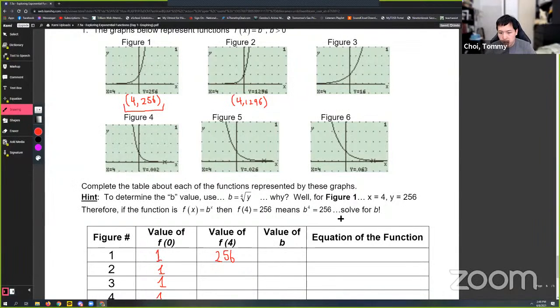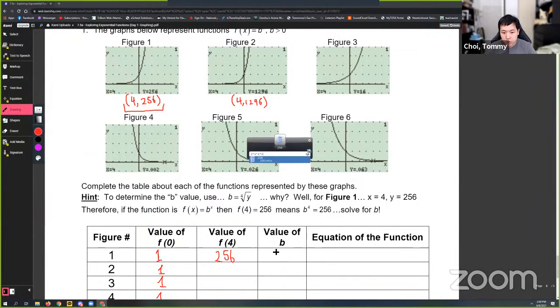Essentially, you have to say b times b times b times b is equal to 256. So I need to multiply a number by itself 4 times to get 256. If I was to do it on my screen here, I did 5. 5 times 5 times 5 times 5 is 625. That's a little too high, so I'm going to drop it down. 4 times 4 times 4 times 4.